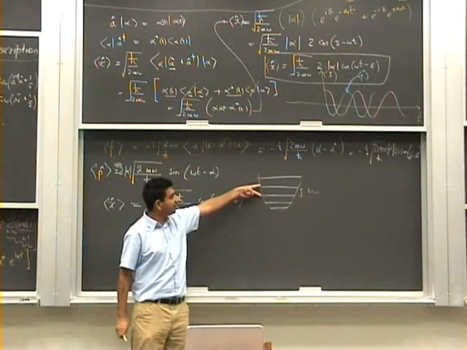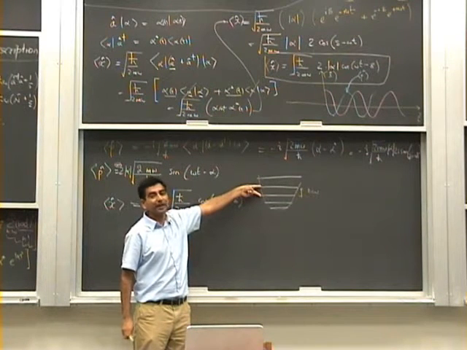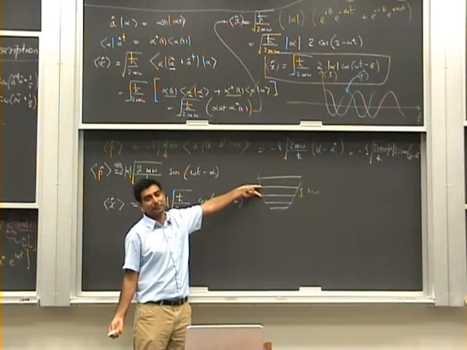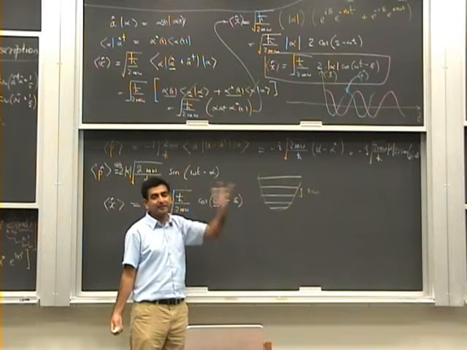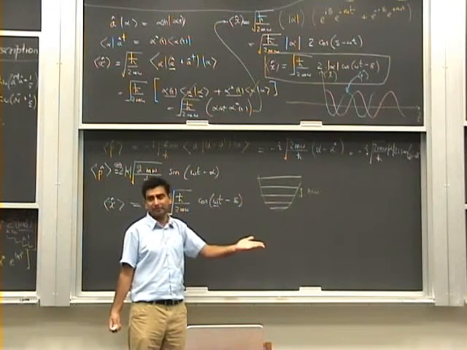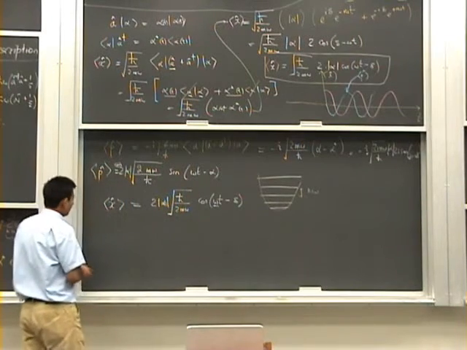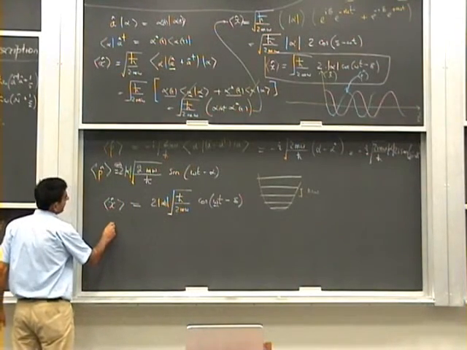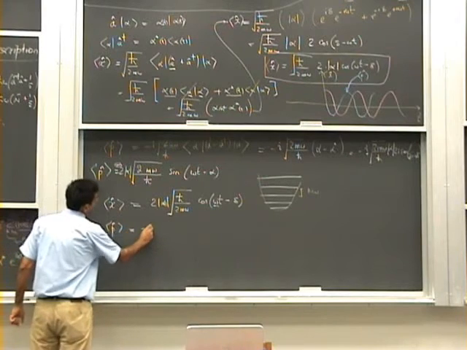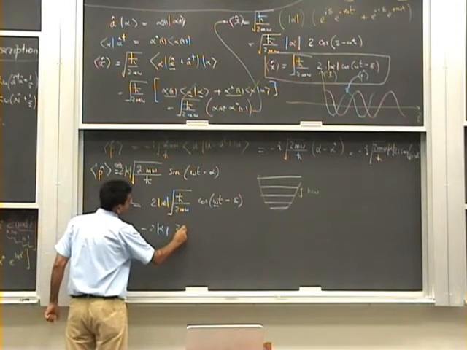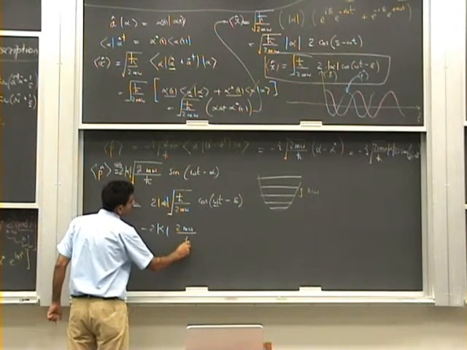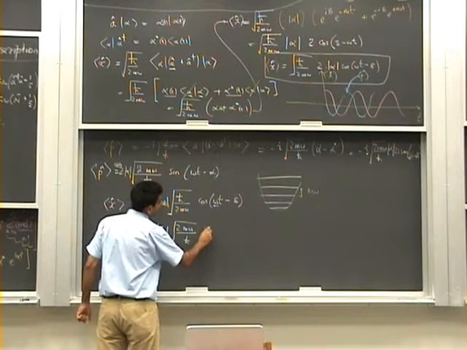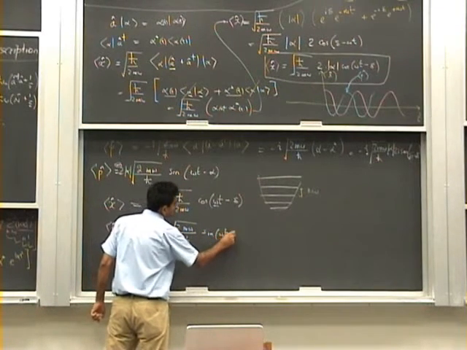This omega is the difference in frequency between any two adjacent levels of the harmonic oscillator. Right? So we are getting the semblance of a classical oscillator. Likewise, the momentum operator is minus 2 alpha times square root of 2m omega h bar, times sine of omega t minus delta.